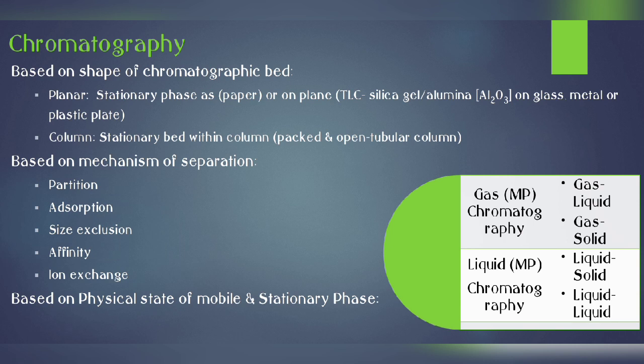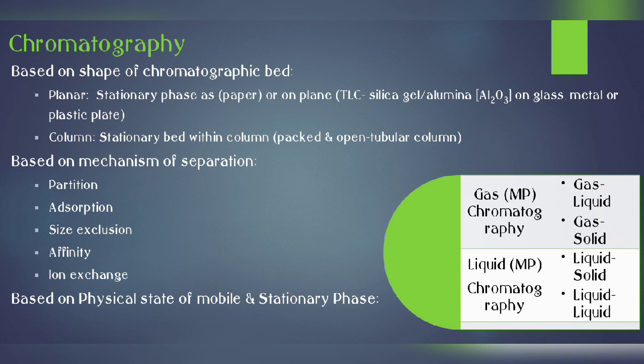If we use paper as a stationary phase, it is paper chromatography. If silica gel or alumina is the stationary phase, it is thin layer chromatography, where the silica gel or alumina is coated on a glass, metal, or plastic plate. In column chromatography they use a stationary bed that is packed within the column.